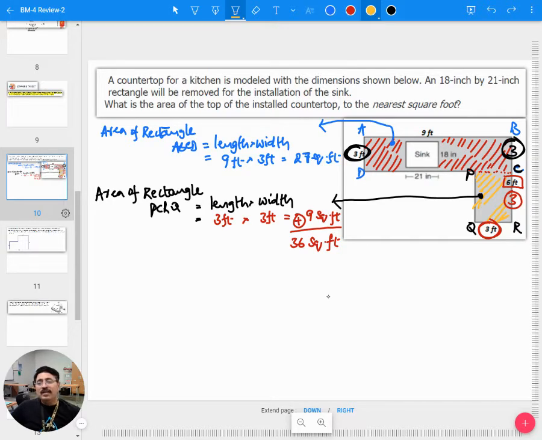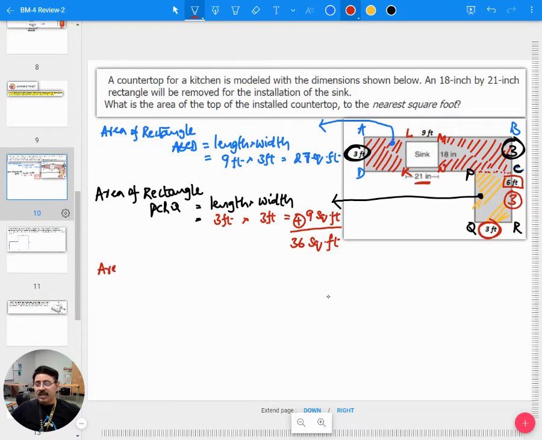And here I see that the dimensions are 21 inches by 18 inches. All the previous measurements are in feet, but here it is in inches, right? No problem. So let me label this. Already we used P, therefore L, M, N, K. So let's say KLMN.